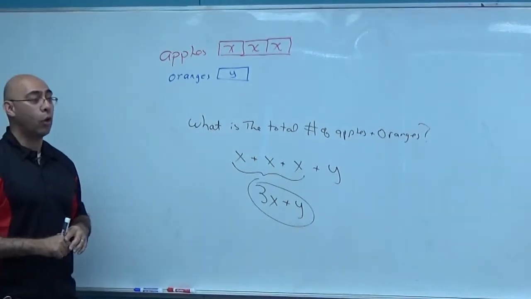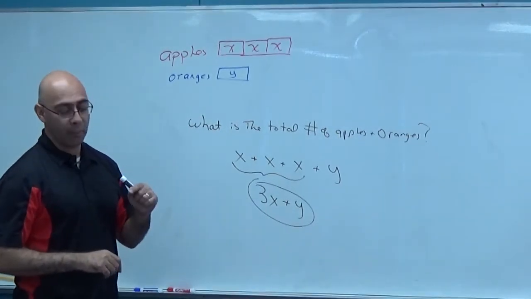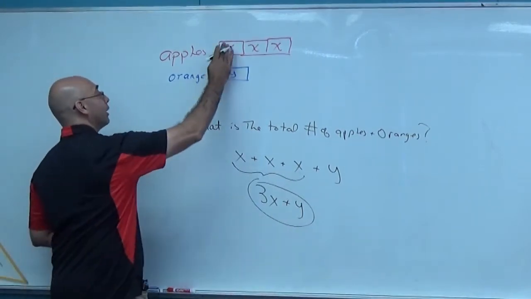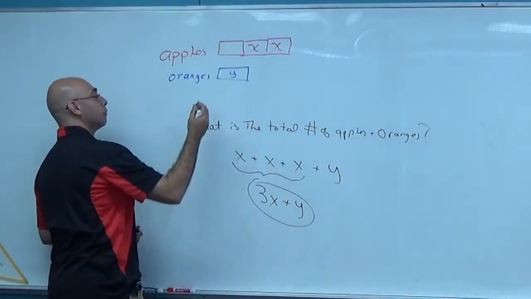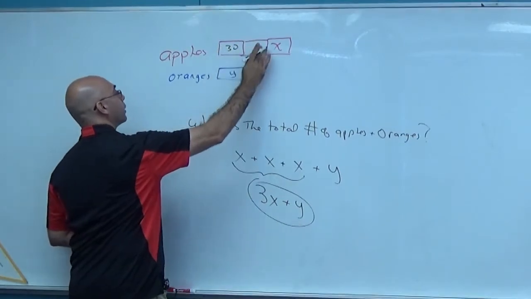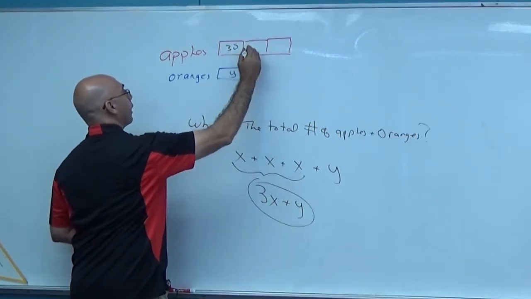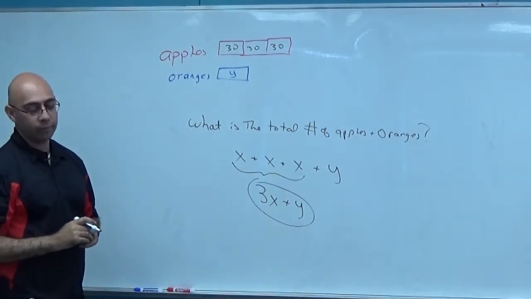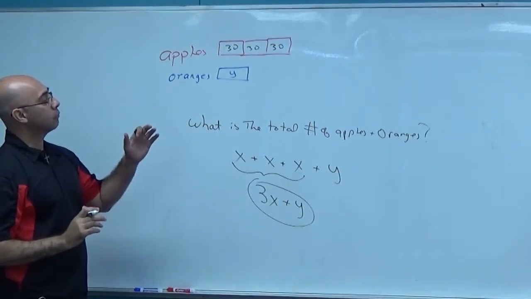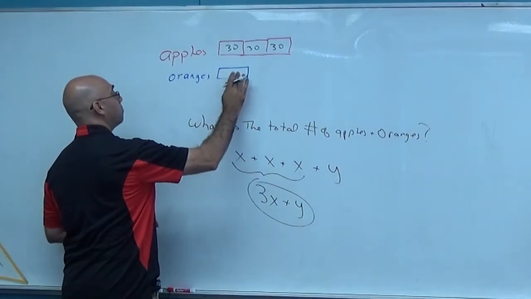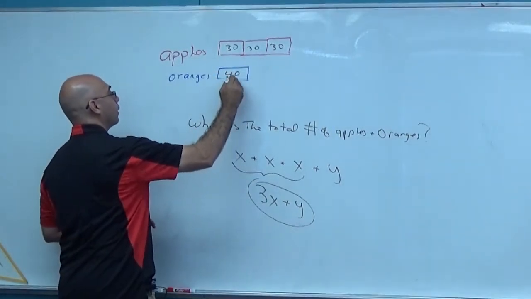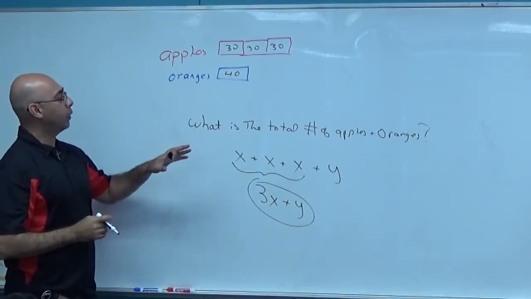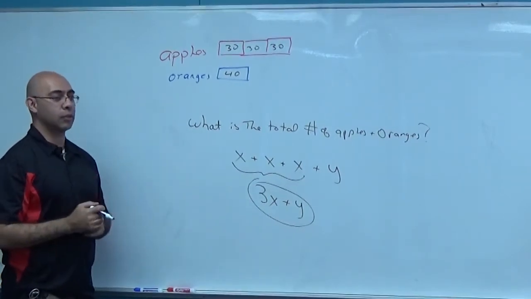Let's say now you know how many apples are in a box and how many oranges in a crate. Let's say each box has 30 apples in there. Yay, I have a number. And for oranges, let's say there are 40 oranges in a crate. What could I do to figure out my answer?